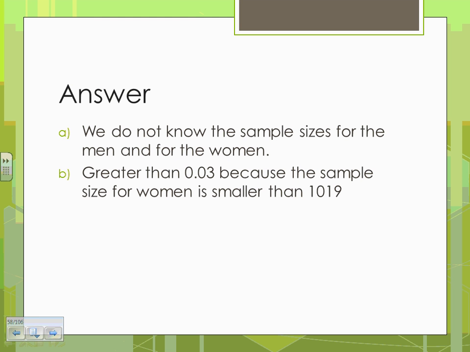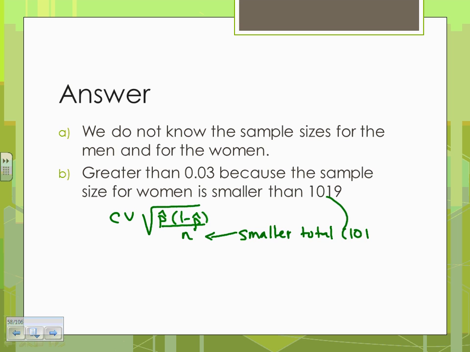On this next one, it is going to have to be greater than 0.03. Remember, we have our critical value times the radical of p-hat times 1 minus p-hat all over n. Here I know that n is going to be smaller than the total, which was 1019, because it said men and women, so you have at least one man, but since you had a proportion, you're going to have more.